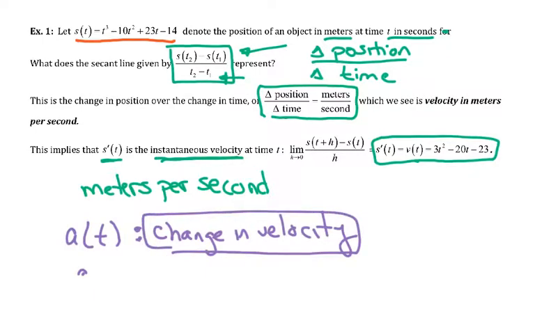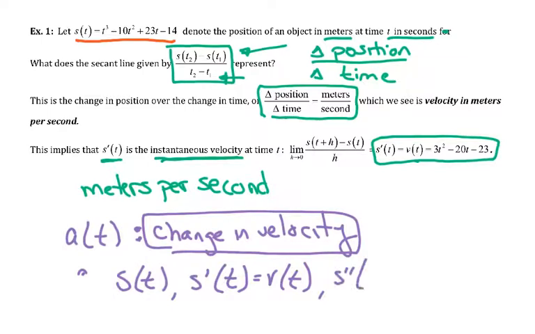So we have this relationship. You have the position function. The derivative of the position function is the instantaneous change in position with respect to time. That's velocity. The second derivative is going to be the derivative of the velocity, which is the instantaneous change in velocity, which is acceleration. So it's quite an interesting thing.